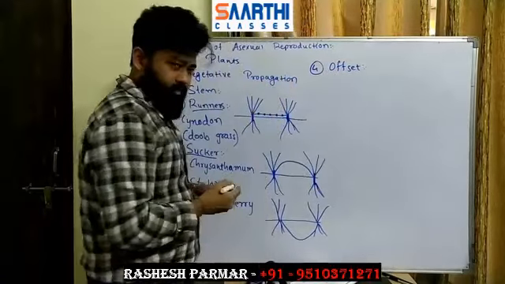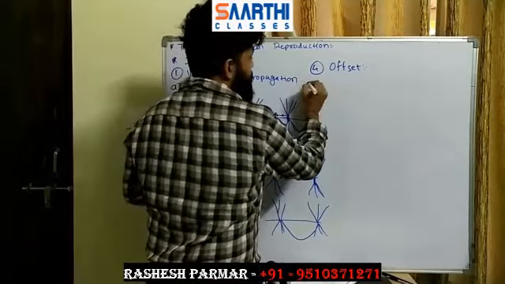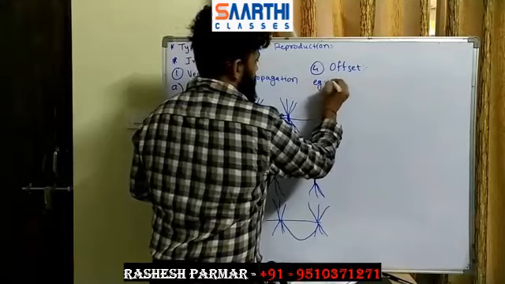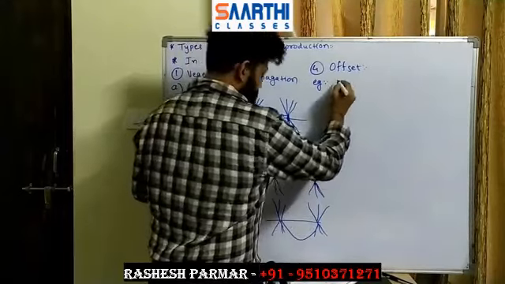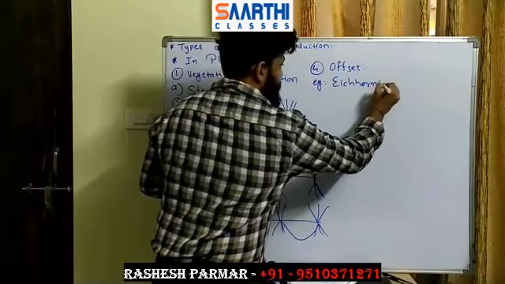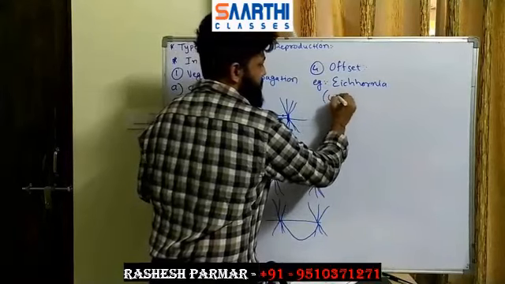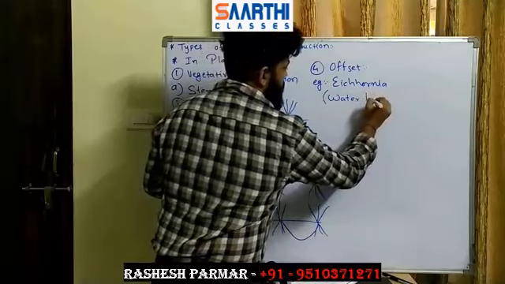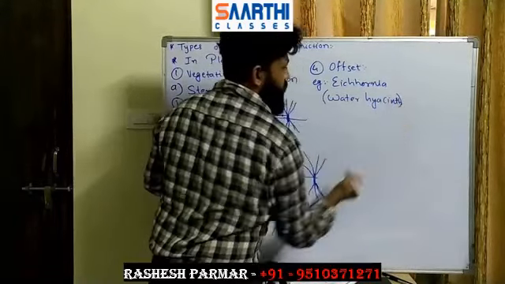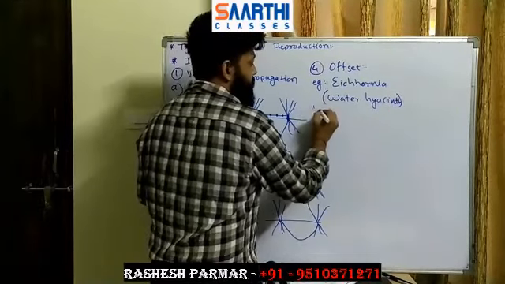Now offset is observed in aquatic plants, and the example of offset is Eichhornia, which is commonly known as water hyacinth. And in India it is called Terror of Bengal.